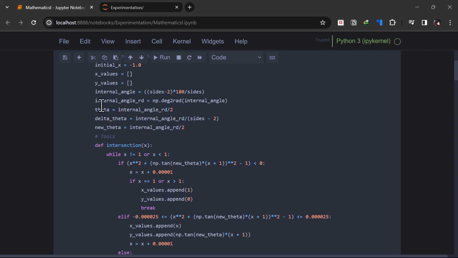Okay, so I have not actually used the internal angles variable. I'm actually using the internal angle in radians variable. So delta theta is the angle by which the first angle will be subtracted. Okay, so this is the subtracting factor.